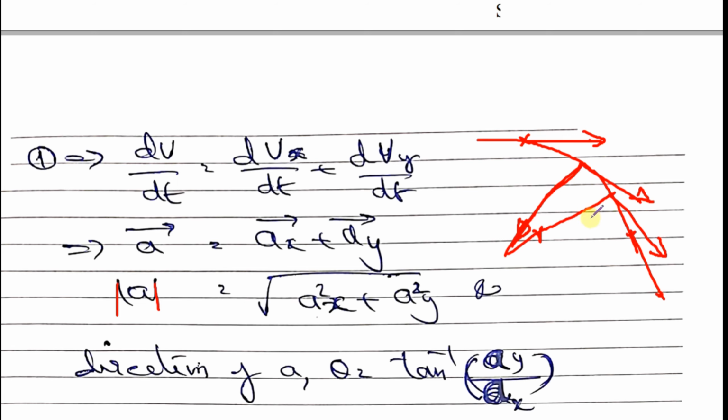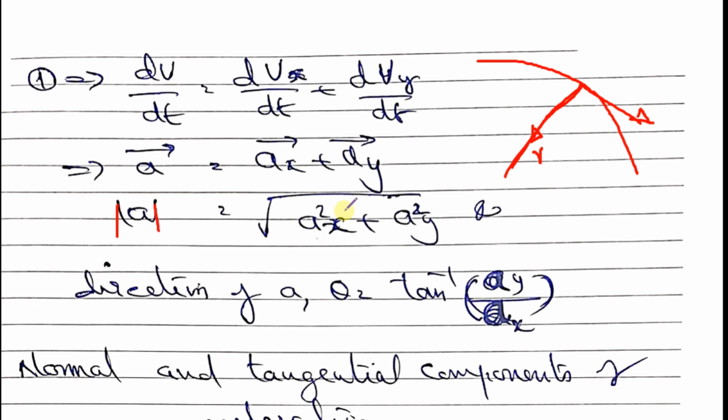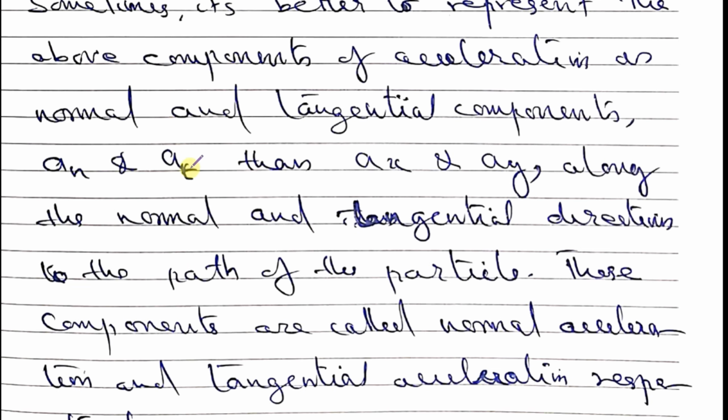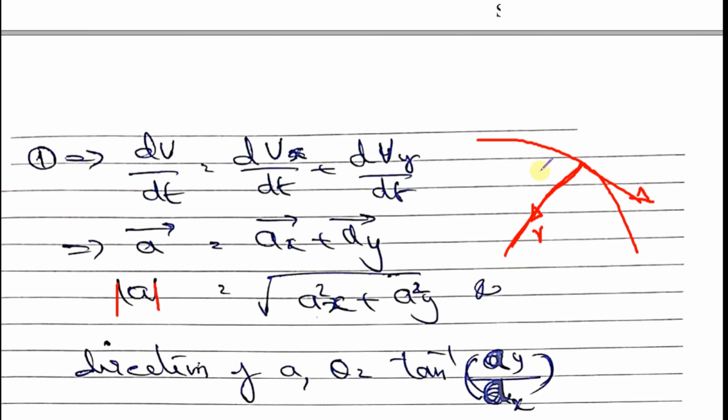So there will be two components of acceleration, one tangential component and one normal component. These are termed an and at. So this is an and this is at.